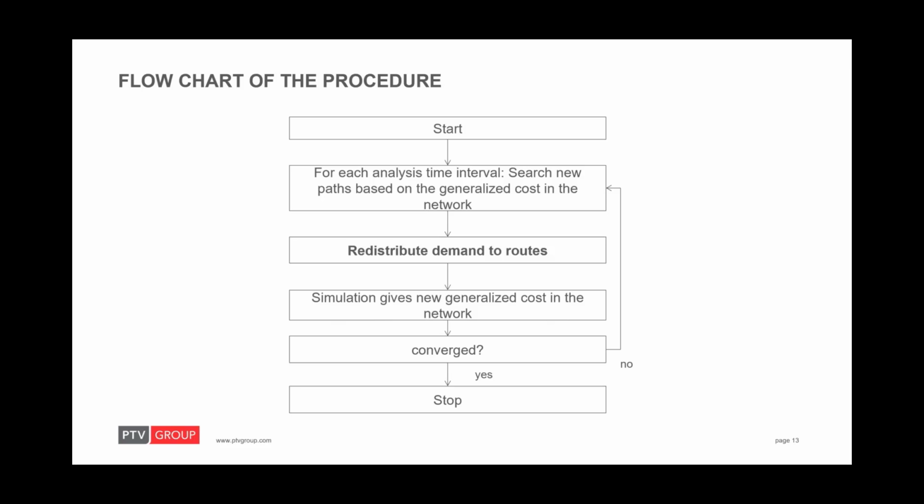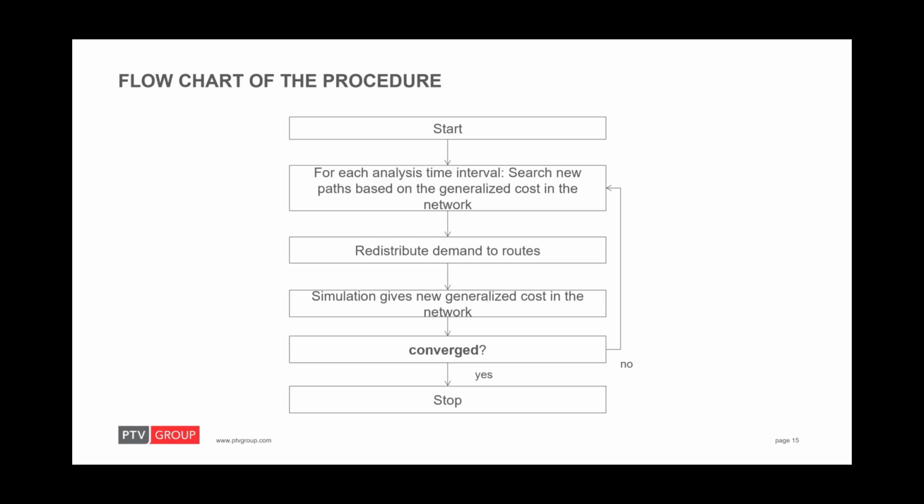Once the weights for each of those routes or flow is determined, then a simulation is performed on those apportioned route flows. And then once the simulation is done, it produces a new generalized cost in the network, which is basically the experienced simulated travel time for each of the paths.